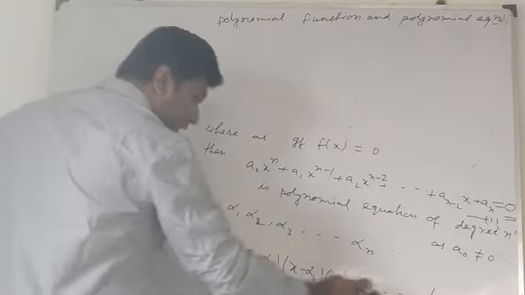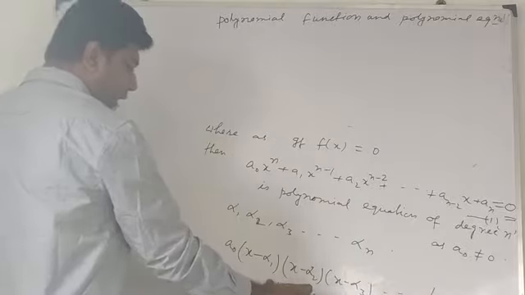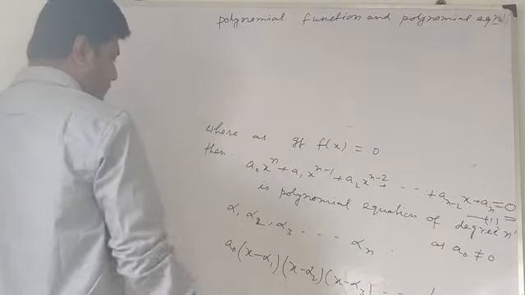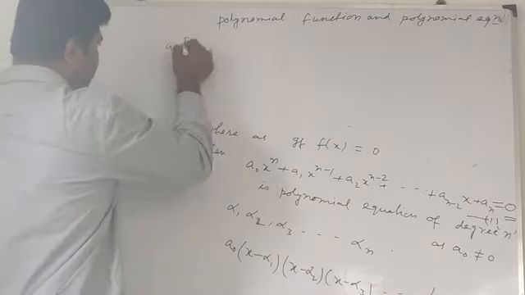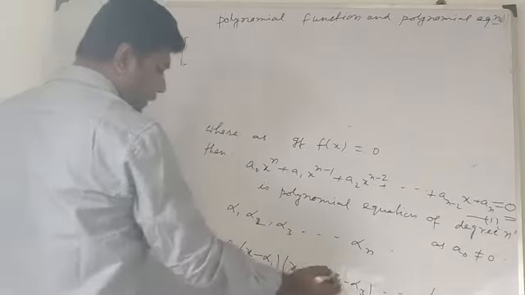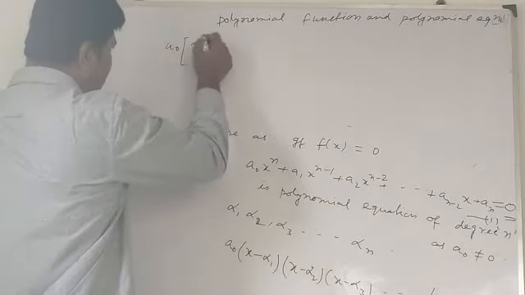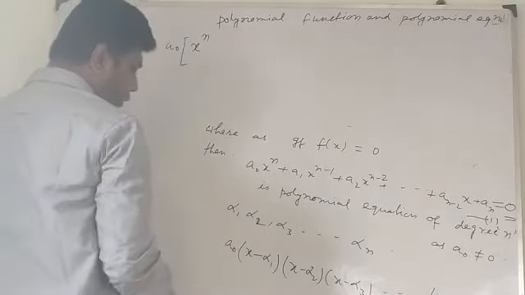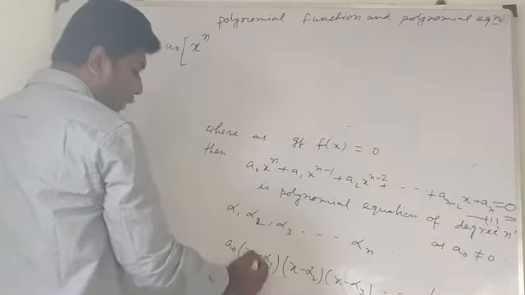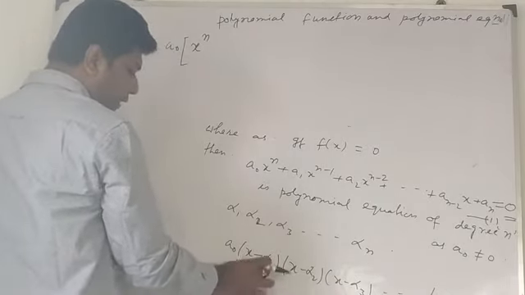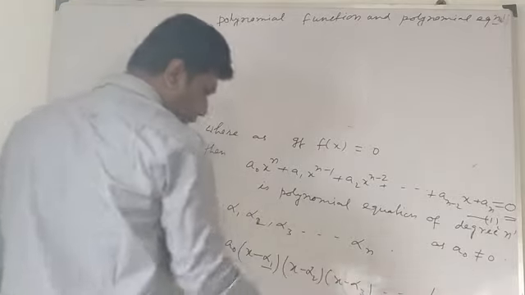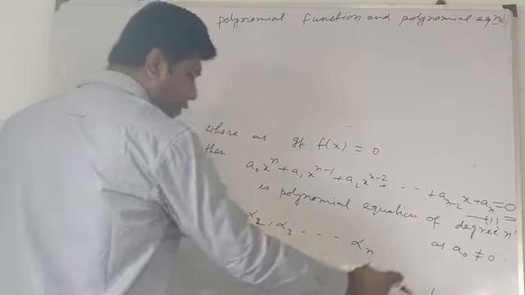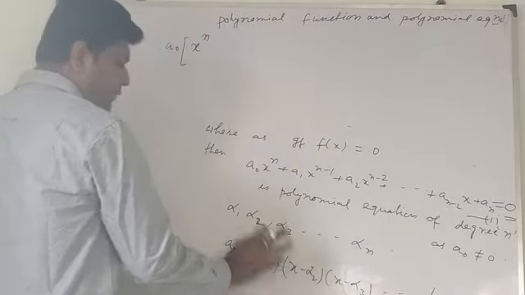If we multiply this out, we have a0 as the multiplier. Take every x, so it will be x to the power n. Now, if you take only minus alpha 1 from one factor and x from the rest of the factors, it will be x to the power n minus 1 into minus alpha 1.